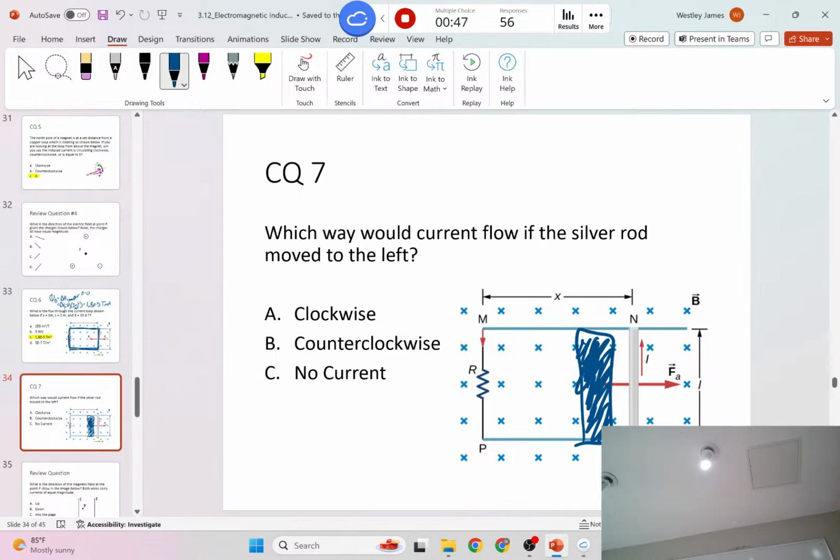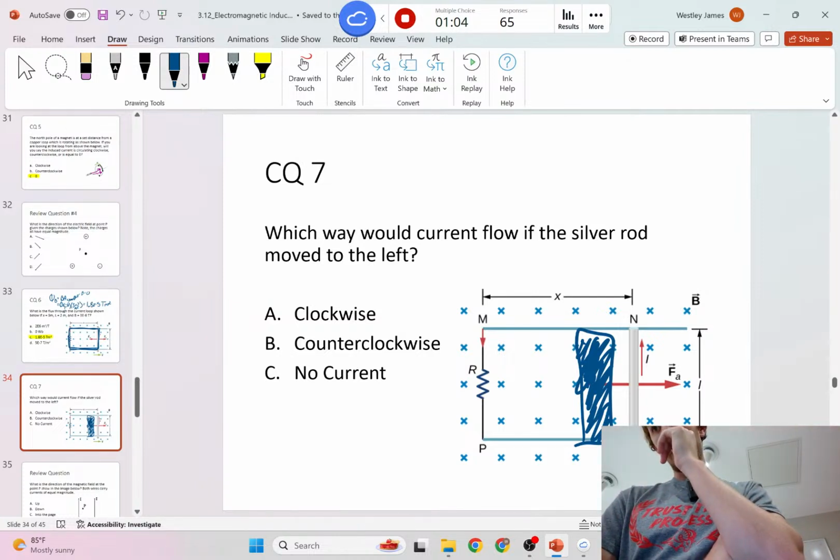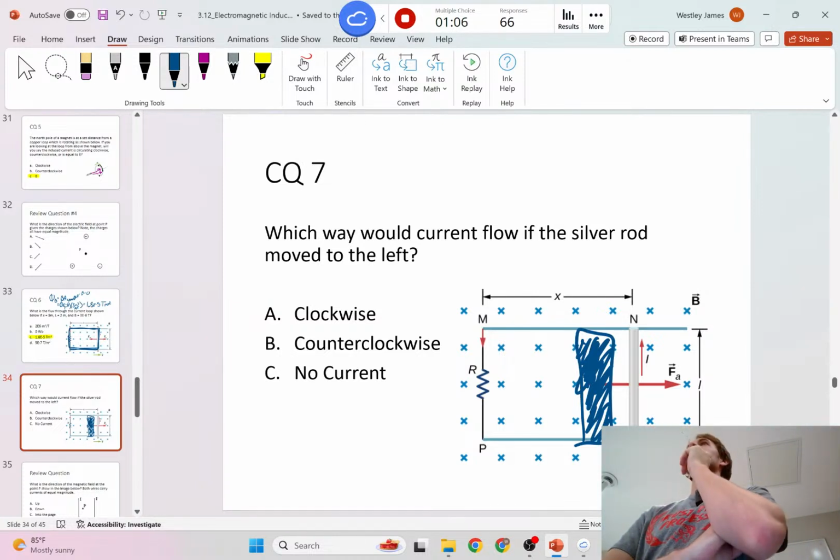So which way would current flow if the silver rod moved to the left? Go through the steps. Did I gain magnetic field? Did I lose magnetic field? Whatever happened, oppose the change. Make a magnetic field that does that. Make a current that does that. Nice. Answers are 50-50 between two. Now, how much of that is the delay in the stream and people seeing if it's to the right? We'll see. I'll leave this open a little bit longer.